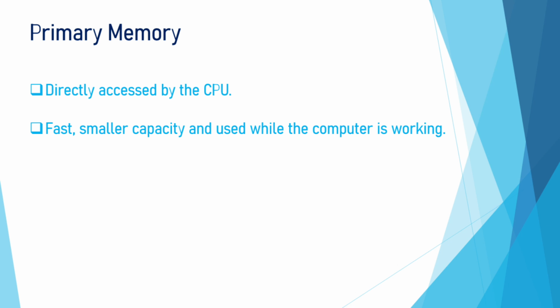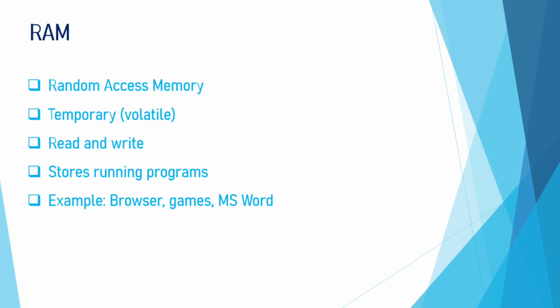The CPU constantly uses primary memory while the computer is running. That's why it is also called the main memory. We have seen that RAM, ROM and cache memory come under primary memory. So now let us see them one by one.